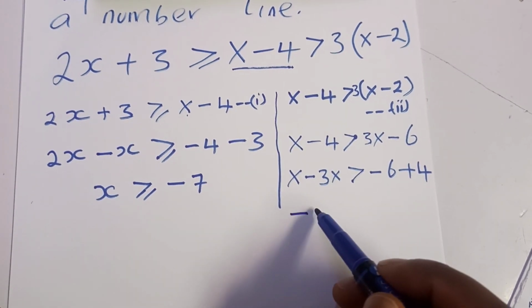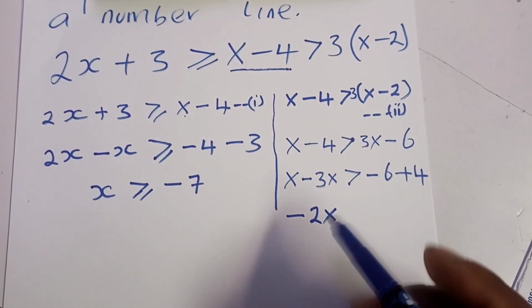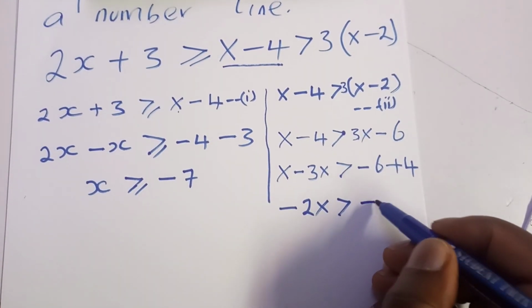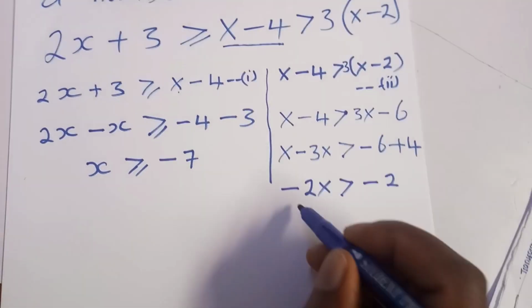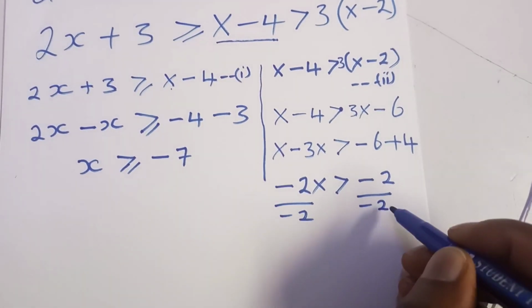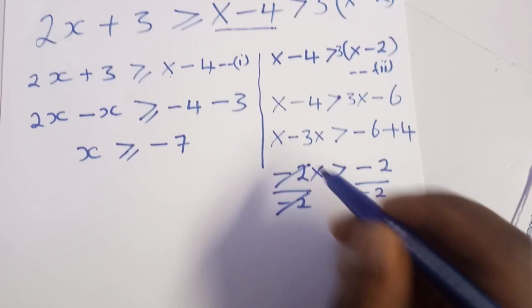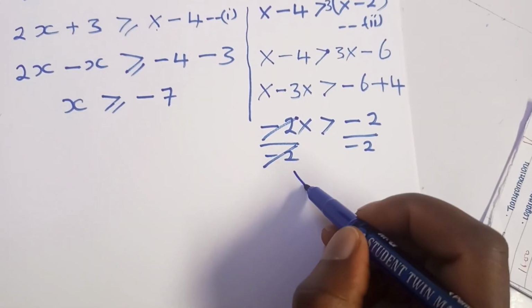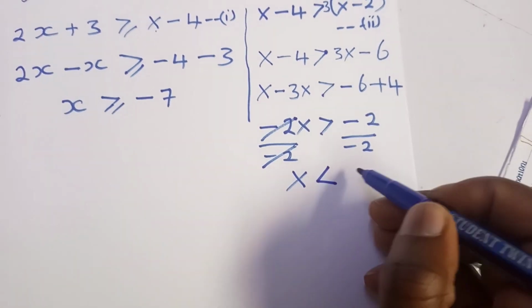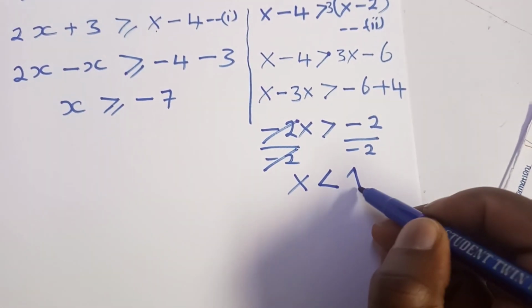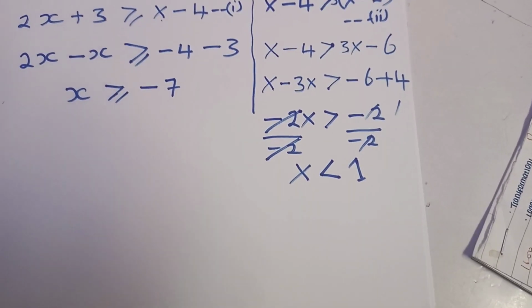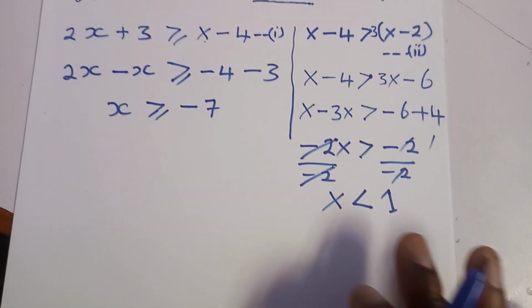Then we have negative 2x greater than negative 2. Whenever we are dividing by a negative coefficient, the sign should always change. That's a fact. So in this case, we'll have x less than 1. We divided by a negative, and therefore the sign changed to less than.